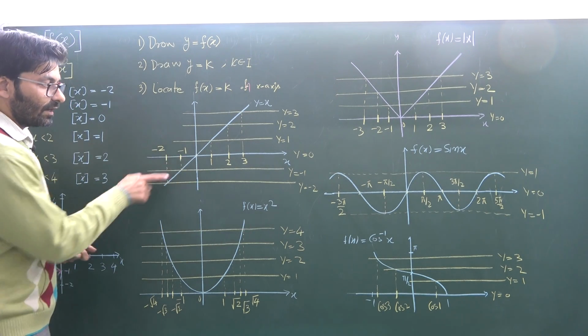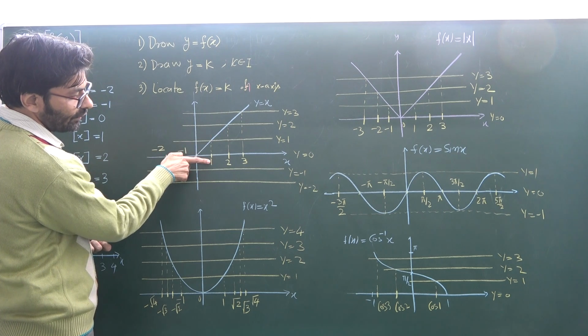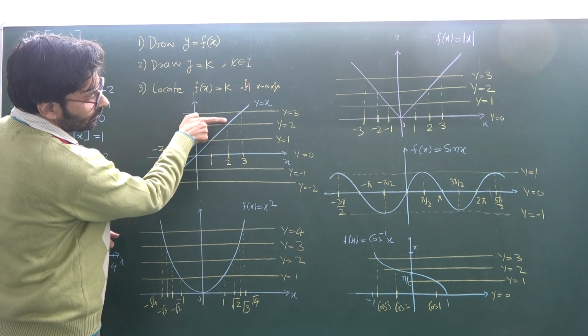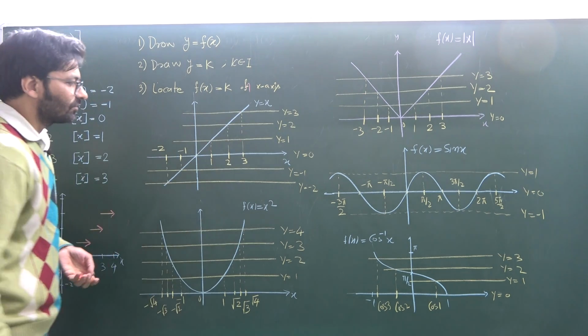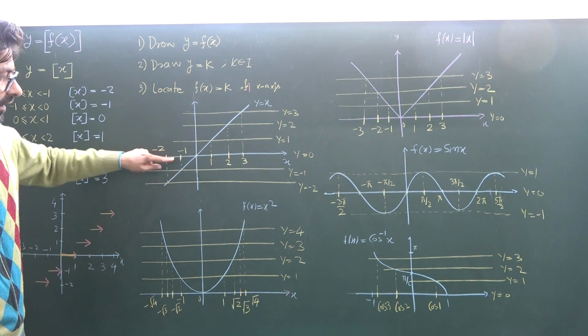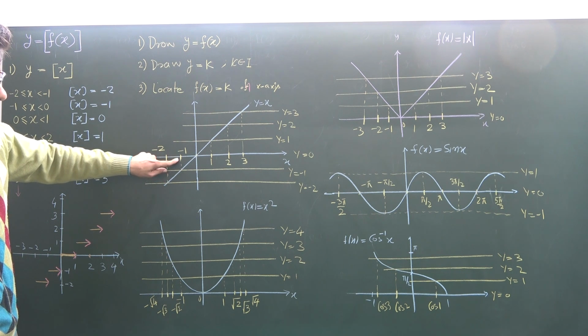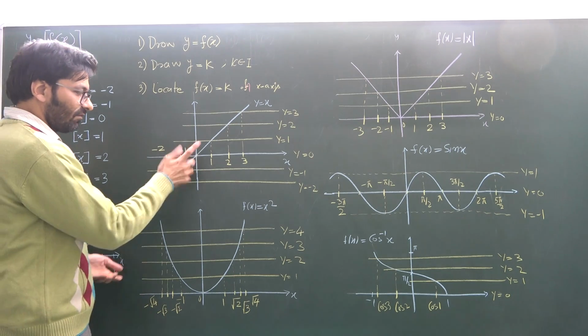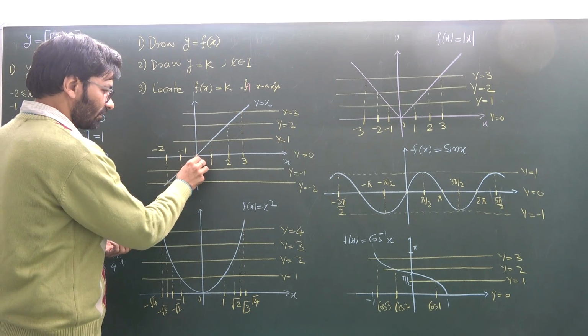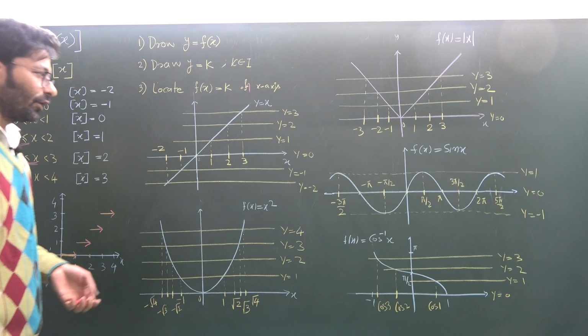So this is my point of intersection, corresponding to it x equals 1. This point of intersection will give you x equals 2. This point of intersection will give you x equals 3. This will give you -1. This will give you -2. And x equals 0 itself is a point of intersection.